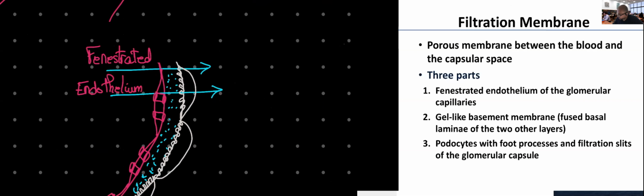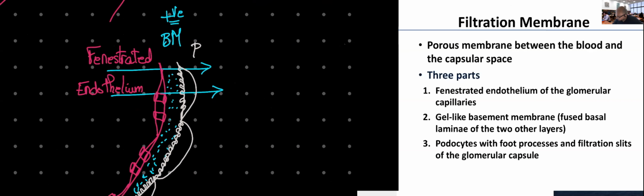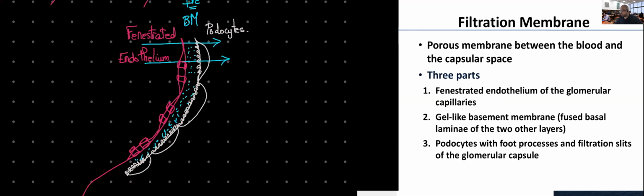Next is going to be the gel-like basement membrane. And this basement membrane contains positively charged proteins. The third layer are the podocytes of the Bowman's capsule. So 3 layers of my filtration membrane on here: fenestrated endothelium, gel-like basement membrane, and podocytes.